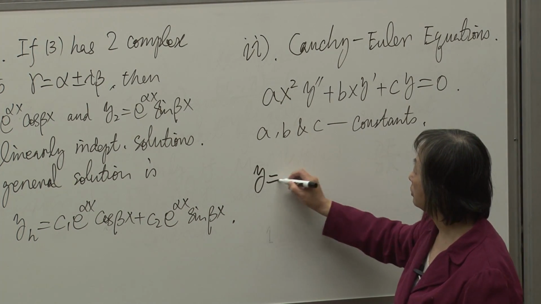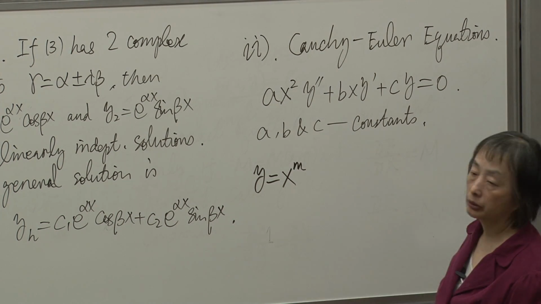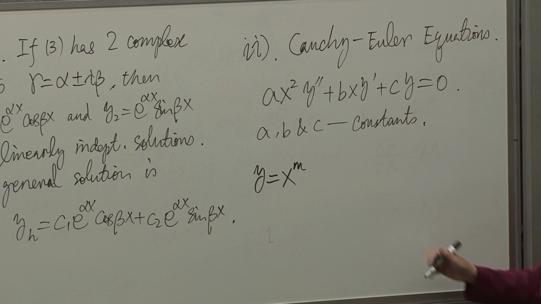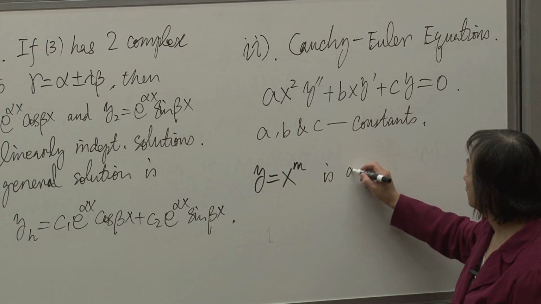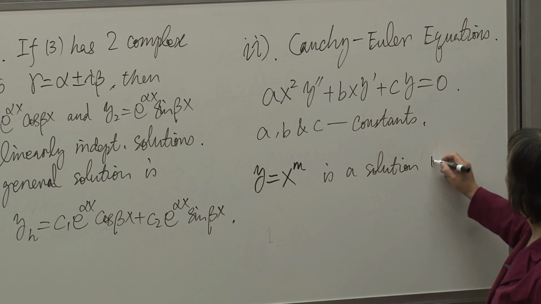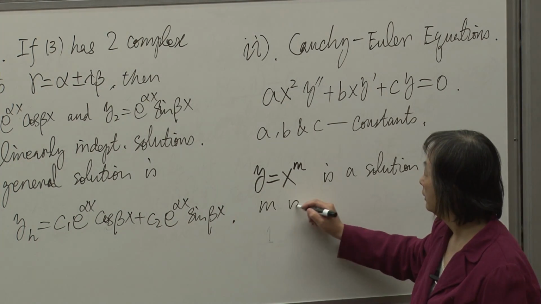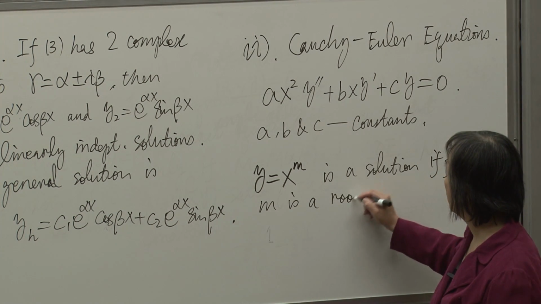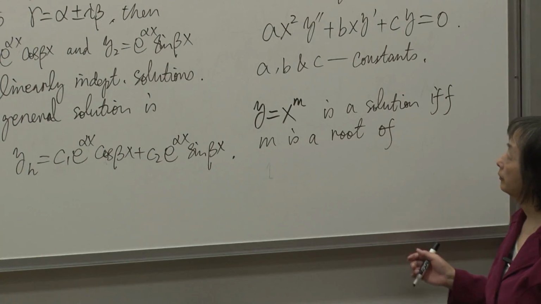We look for a solution of the form y equals x^m. So x^m is a solution if and only if m is a root of the following auxiliary equation.